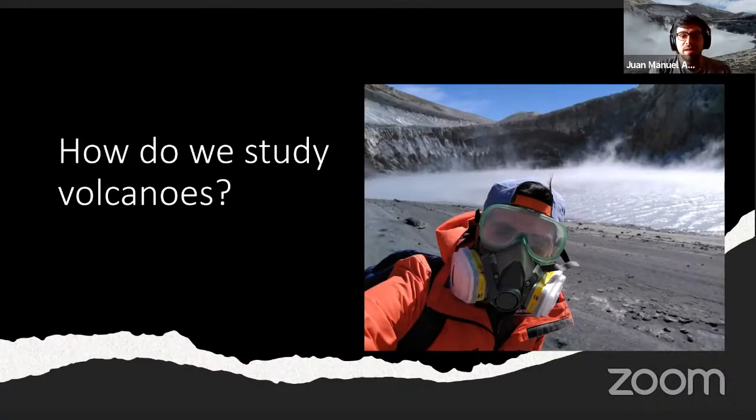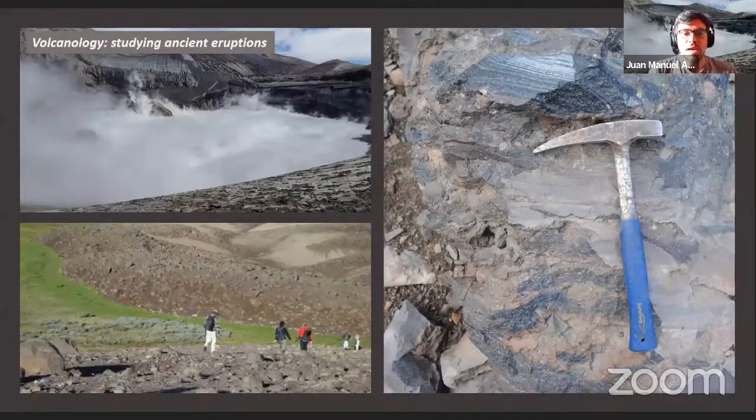So once we have the type of volcanism and the distribution, we have to know how we study them. The first and maybe the most important part of studying volcanoes is to know what kind of eruptions they will do and how often they make eruptions. The first step is studying the rocks, the ancient deposits. For example, if you want to study a volcano, you have to know if it makes effusive eruptions or explosive eruptions.